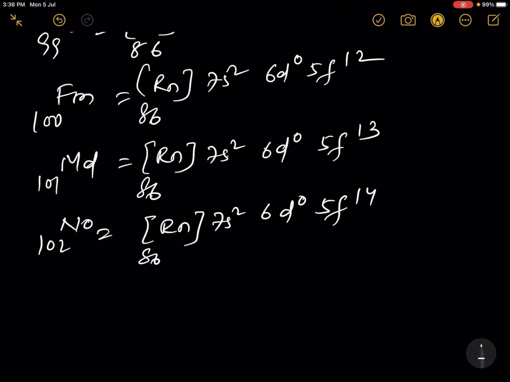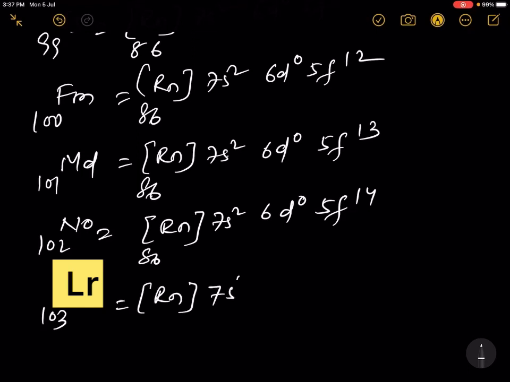In case of lawrencium, Lr, atomic number is 103, Rn at the core, 7s2, 5f14. This much becomes 102. Then the 103rd electron enters 6d.